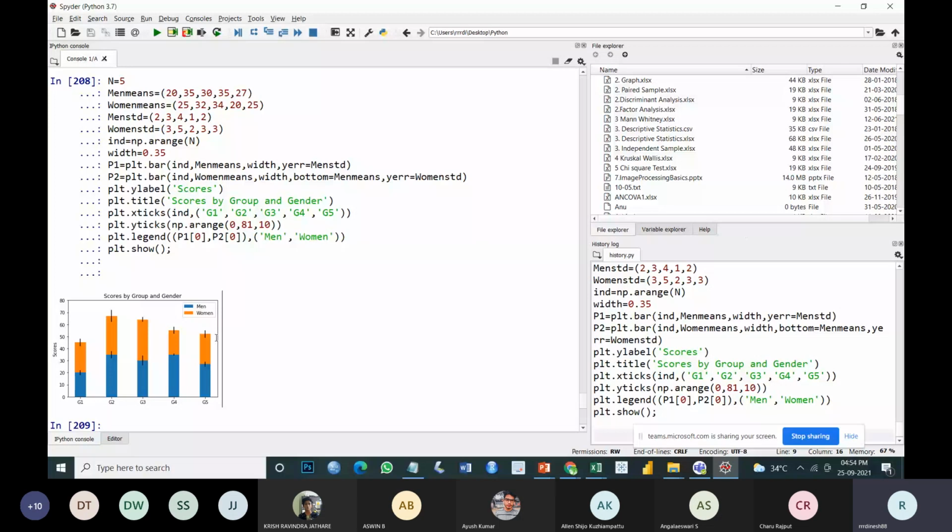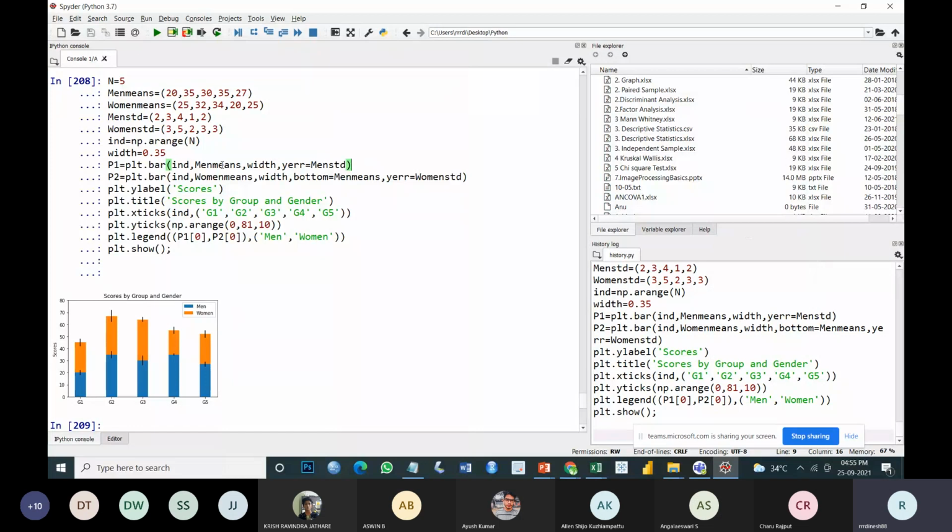Then width equal to 0.35. p1 equal to plt.bar of ind, men means, width, yerr equal to men standard deviation.